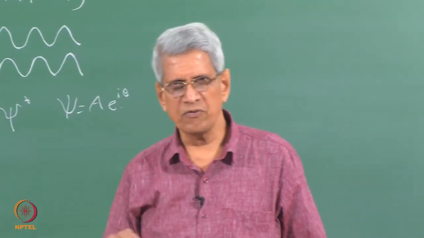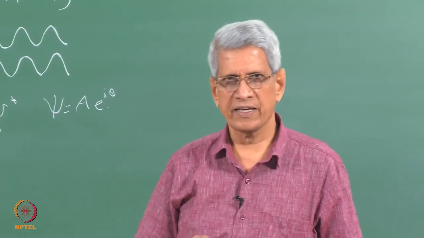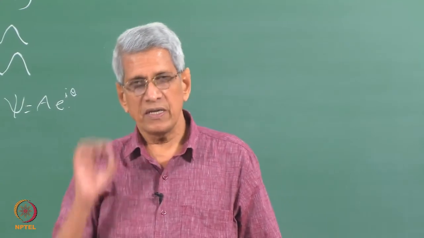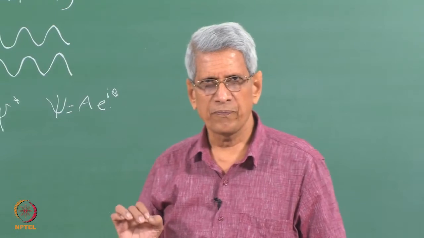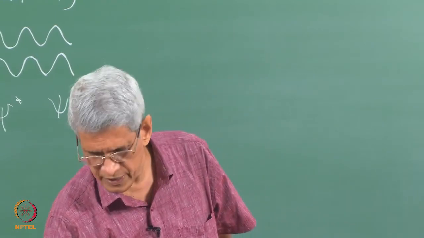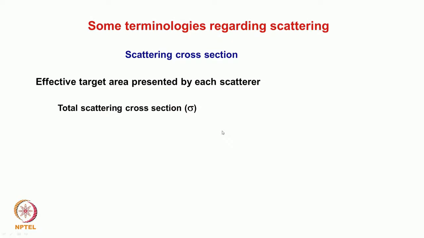There are two terminologies which we use. One is the total scattering cross section, which does not differentiate how the scattering varies from region to region. Another is the differential scattering cross section.